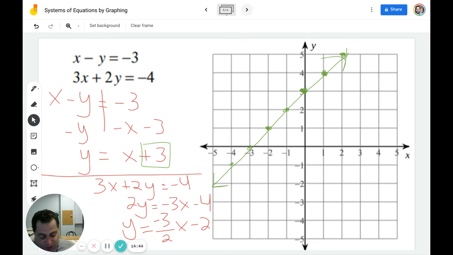Now if I'm analyzing my slope-intercept form, I have a negative 2 y-intercept. And I have a slope of negative 3/2. So it's going to be up 3 and to the left 2. Up 3, left 2.